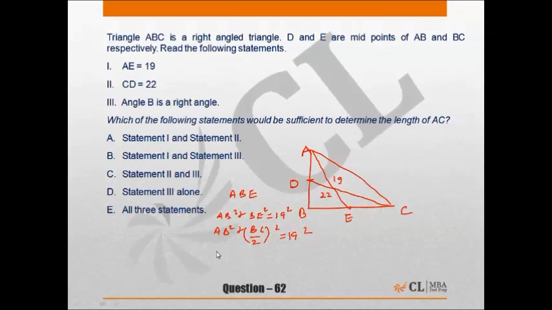From here we get 4AB square plus BC square equals 4 into 19 square. Similarly, using the Pythagoras theorem in triangle BCD, we get 4BC square plus AB square equals 4 into 22 square.